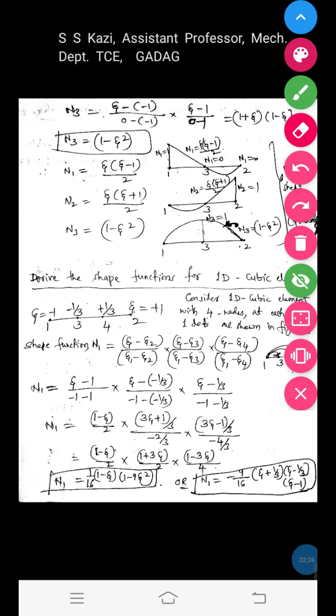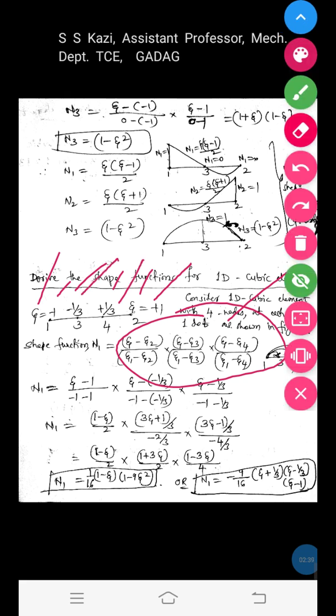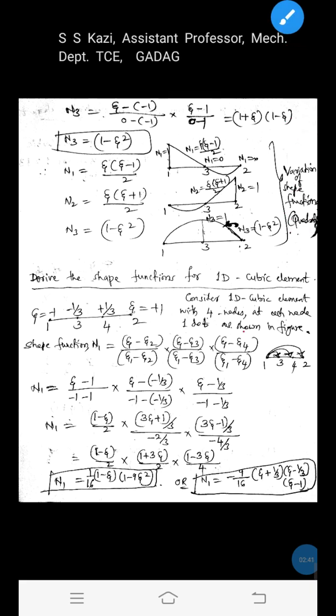Once you write this formula, you substitute all the natural coordinate values: zeta 1 is -1, zeta 2 is +1, zeta 3 is -1 by 3, zeta 4 is +1 by 3. All these values we know, so you just substitute into this formula.